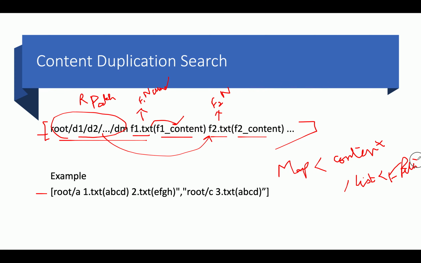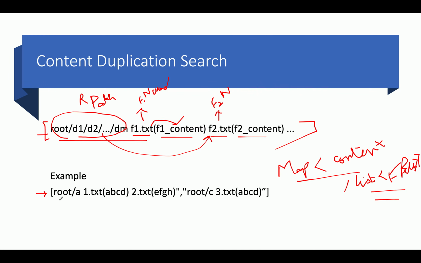And once I have this information, we will check in how many entries the list of file paths is greater than 1, and we will add it in our result. So let's apply this logic to our example.